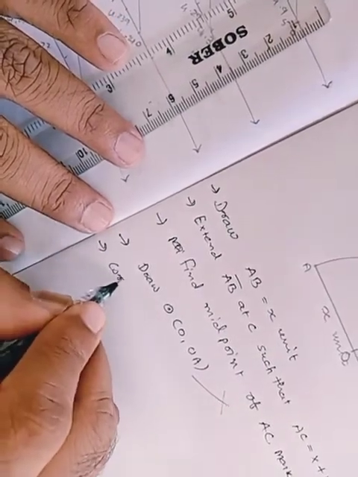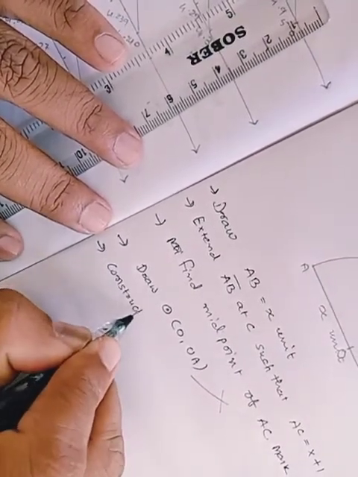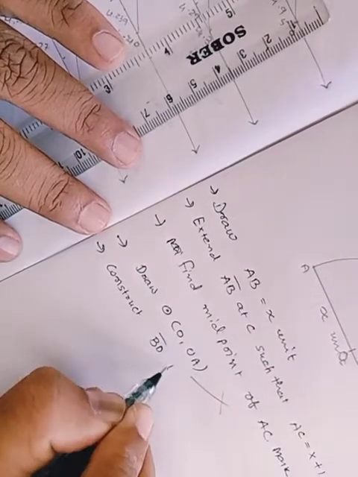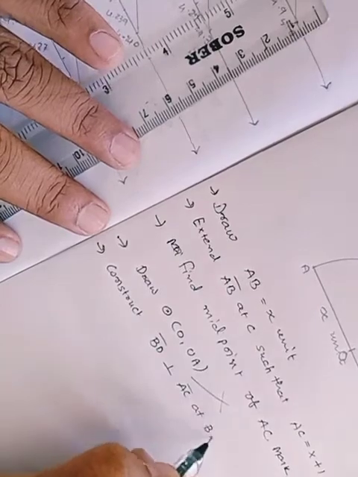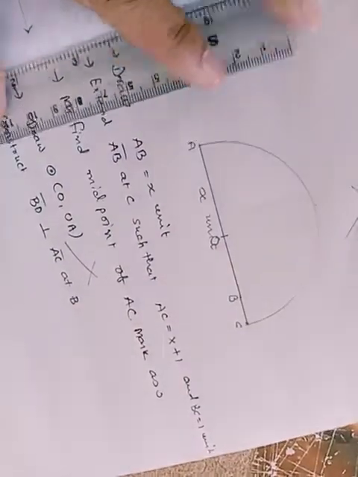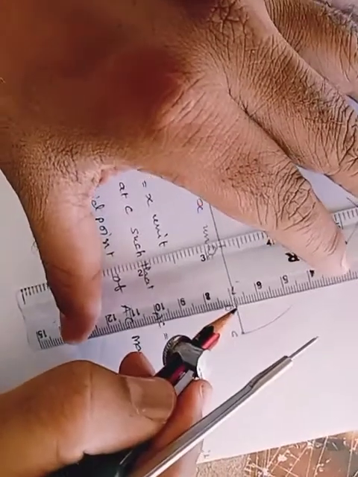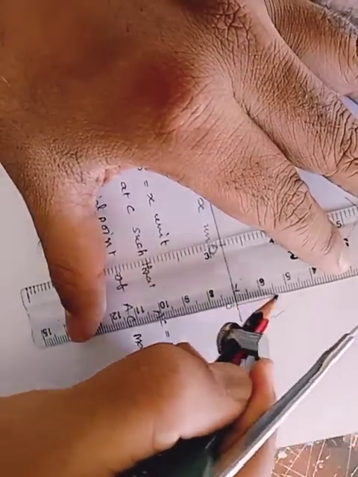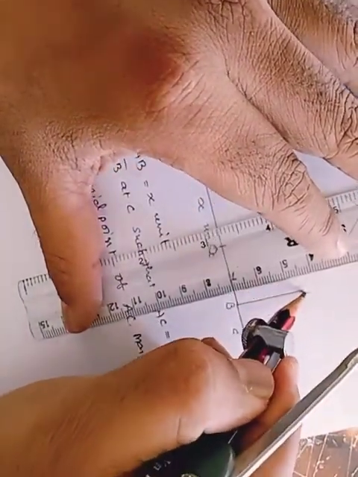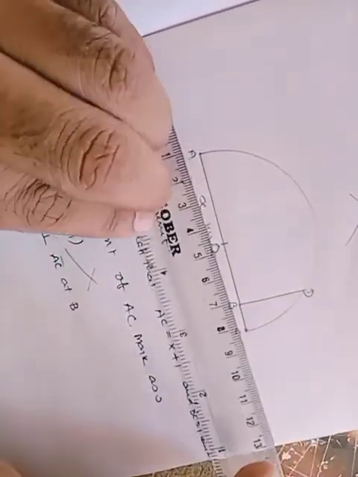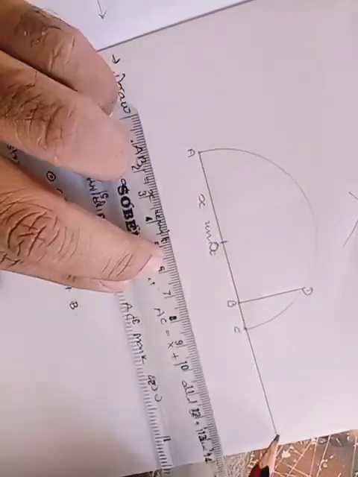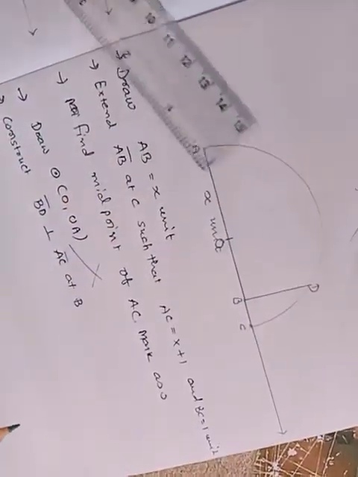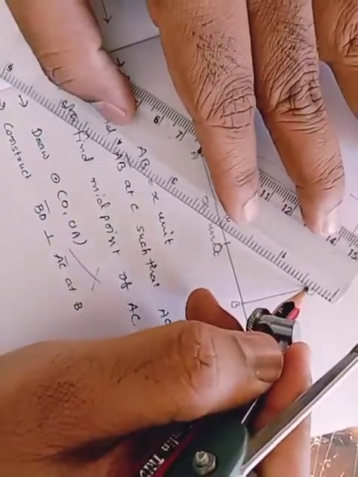Now construct BD perpendicular to AC at B. And then join OD.